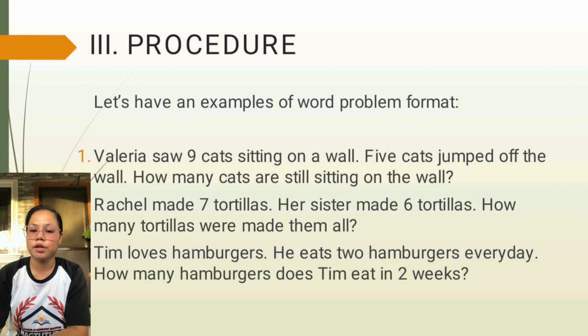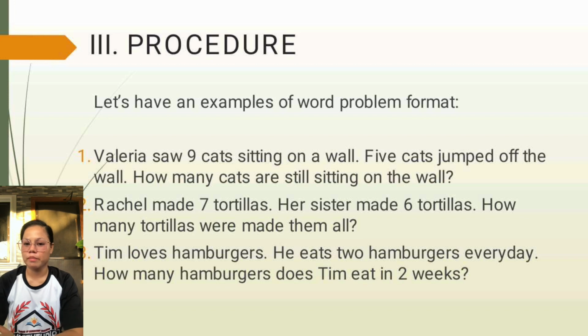So let's have another example including the word problem format. Let's say for example Valeria saw 9 cats sitting on the wall. 5 cats jump off the wall. So unsa man nga operation atong gamiton para makuha nato ang result. So ato sang sabton ang question. Si Valeria kuno nakakita og siyam ka iring.